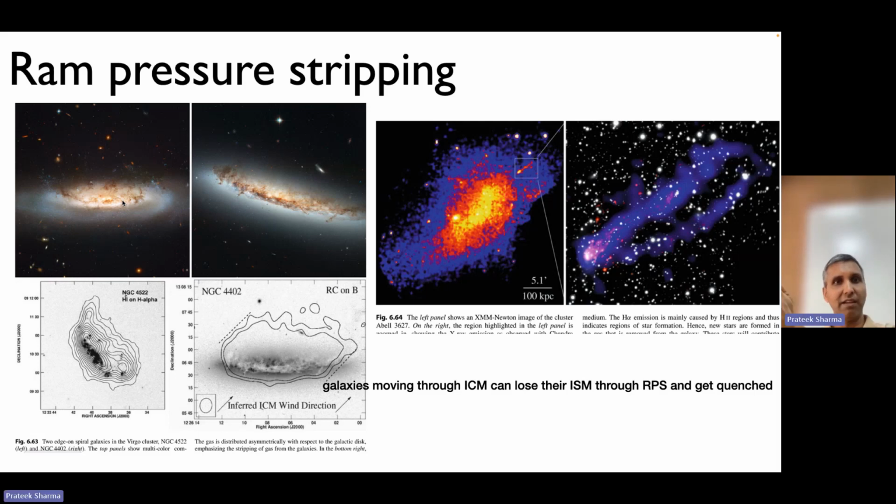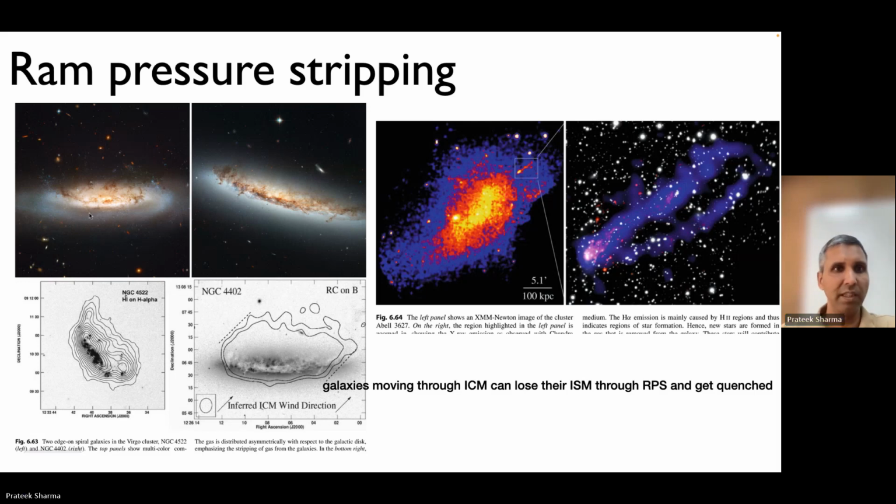Okay, and once enough matter is stripped, it can convert this disky star-forming galaxy into a red and dead galaxy. As soon as all this gas is stripped off, it will no longer be able to form new stars.